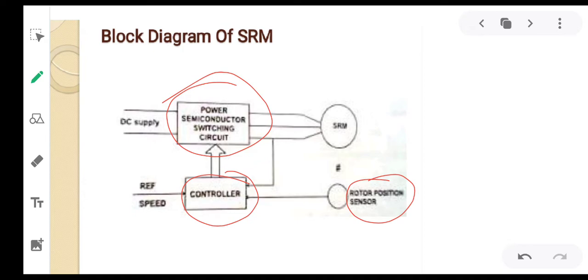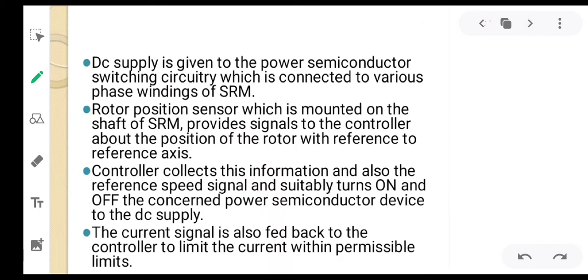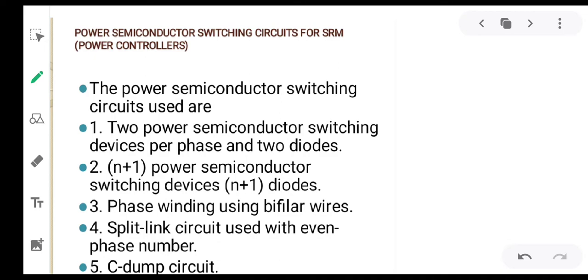So this is what I have explained. Now the next section is semiconductor switching circuitry, or the power controller. This is the second section we are going to discuss today, and it is very important too.